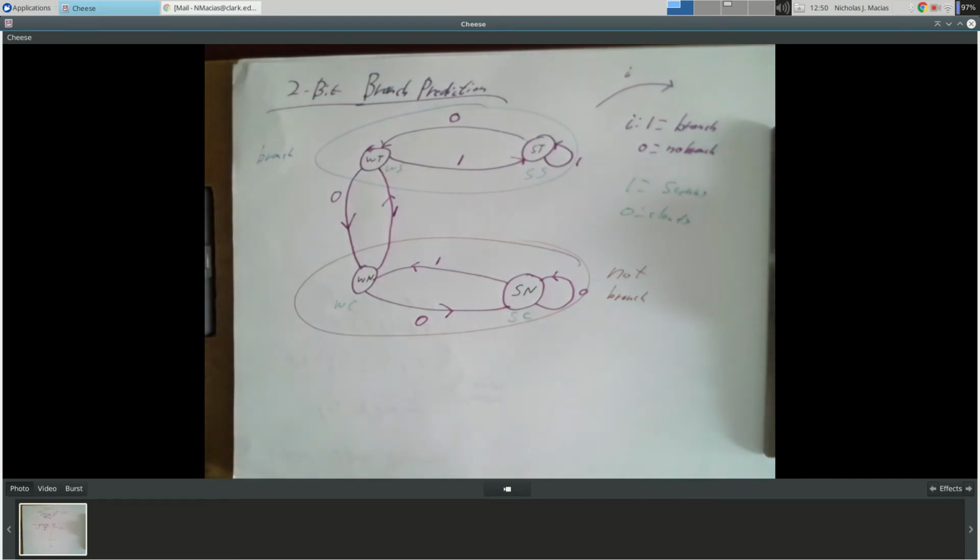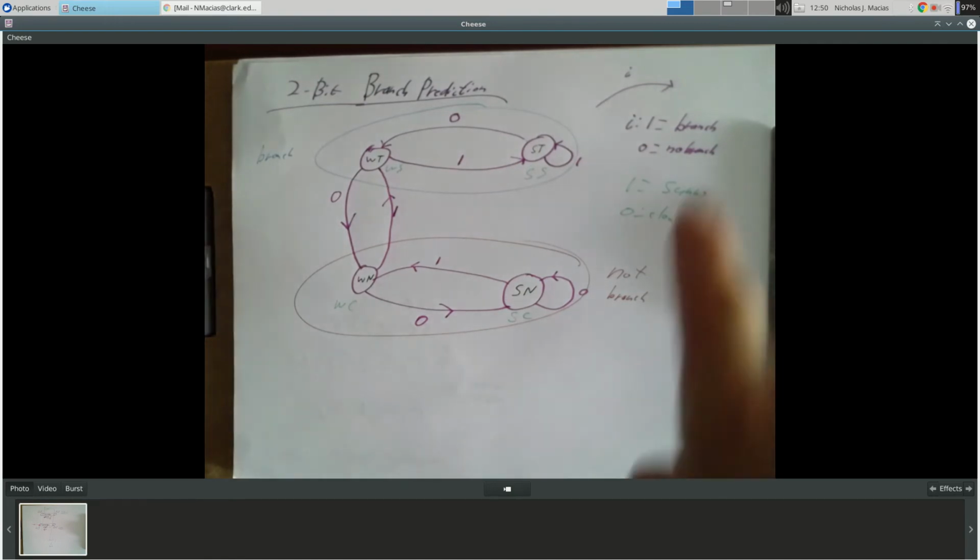Are there more than 2 bit predictions? Oh, yeah, you can. But I don't know if they buy you that much more in implementations like this. The 2 bits refers to the number of bits we need to store the states. We got 4 states, 2 bits. You could make an 8-state branch predictor, right?